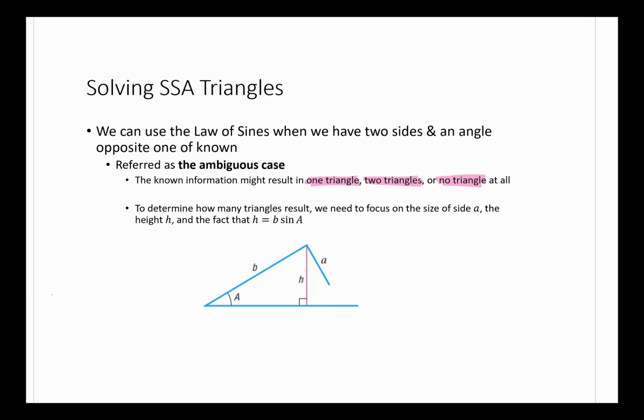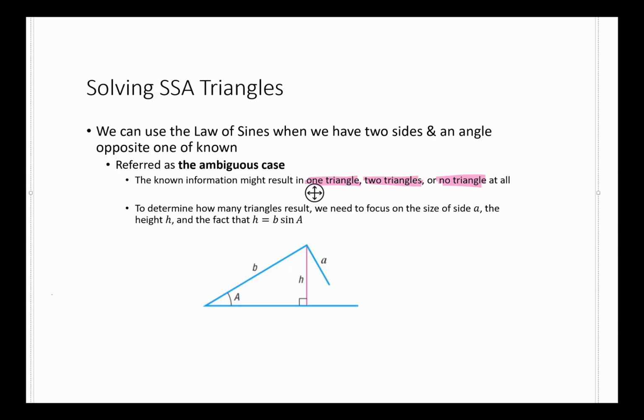To determine how many triangles result, we need to figure out the length of side a. Notice how I've set up my triangle so that angle A is here, so that the opposite side is a. We need to compare it to the height of the triangle, which we're going to have to find.